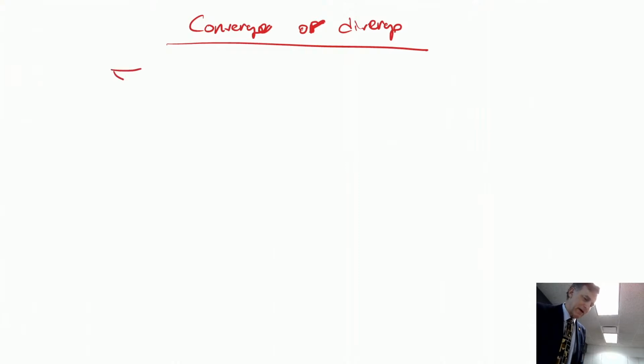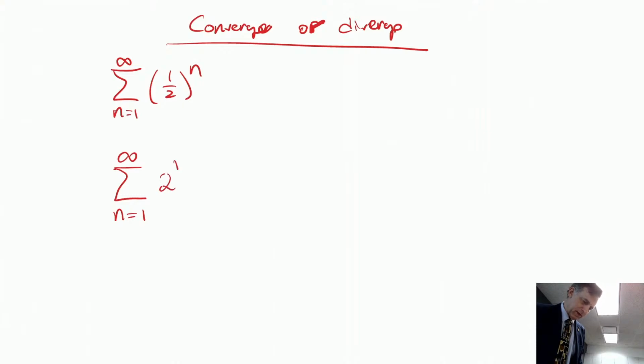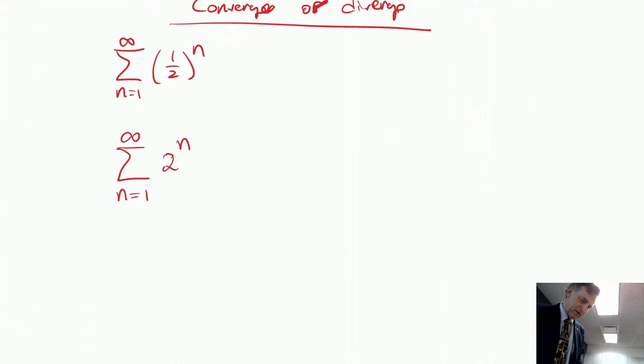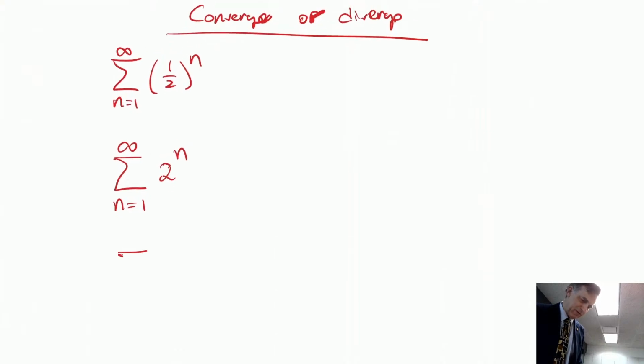So let me write down a few series for you. The sum from n equals 1 to infinity of 1/2 to the n. And then here's this one, n equals 1 to infinity of 2 to the n. There, just for fun. Give me a minute. I've got a few more for you. One more.